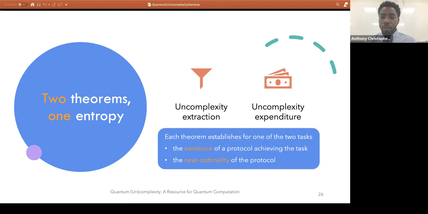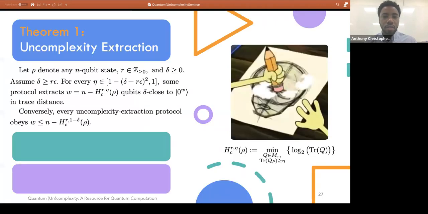Each one establishes the existence of a protocol achieving the task and the near optimality of that protocol. By the way, these are all very clearly given in the paper. If you want to follow up on some of the details in the proofs, in the appendix of the paper, that's where you'll find them.